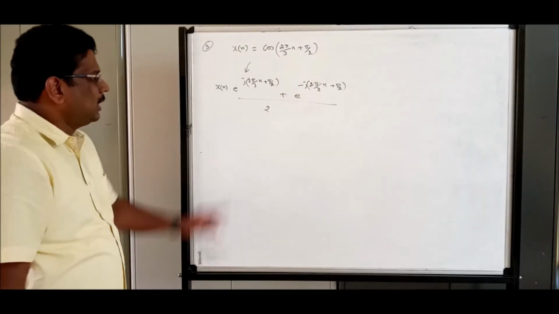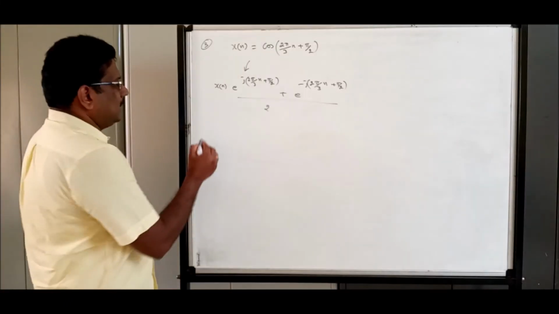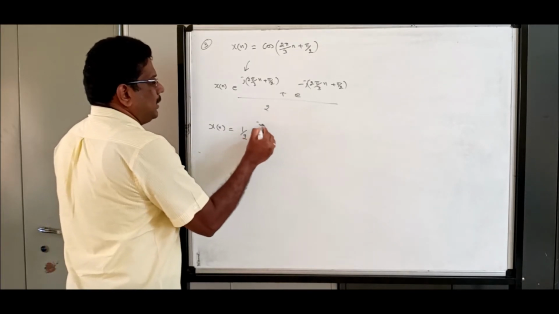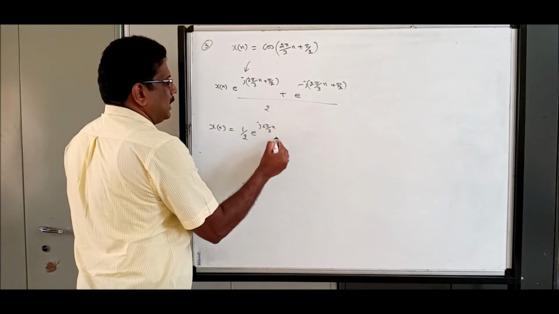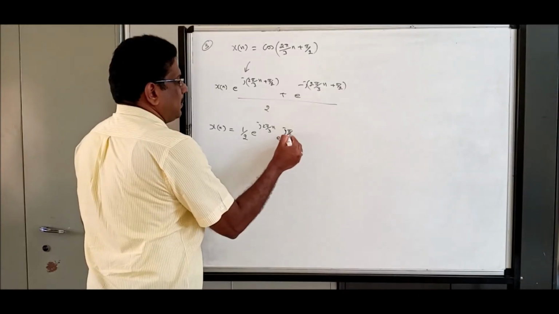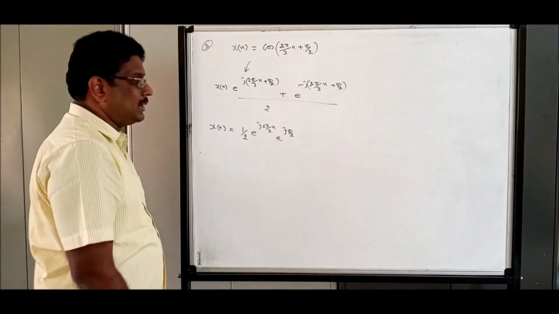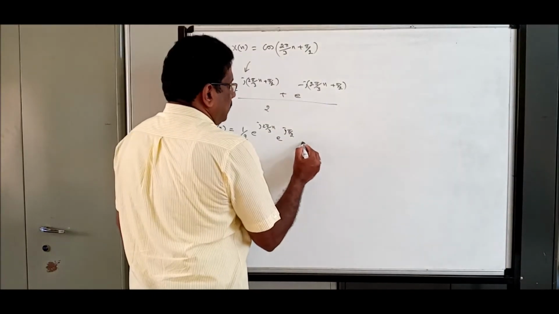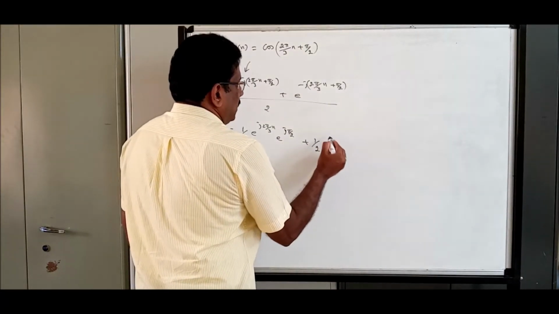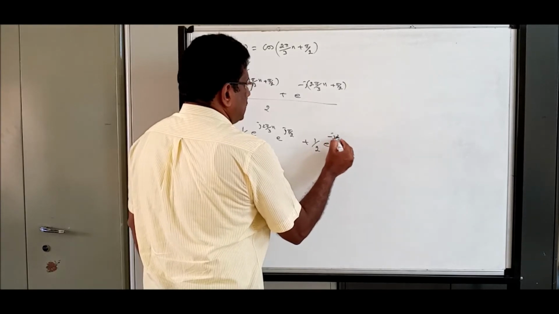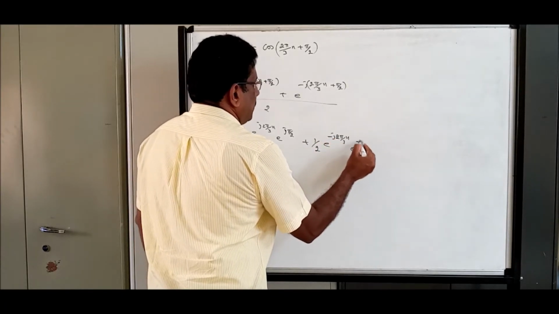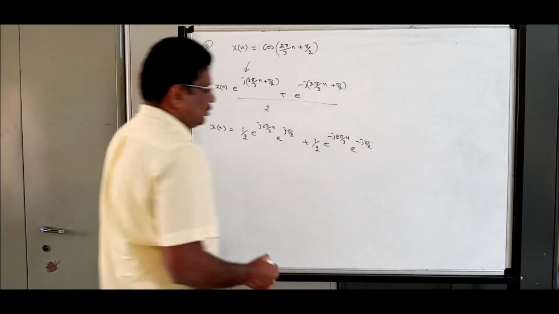If you want, you can even break this: x of n is equal to 1 by 2 e power j 2 pi by 3 n into e power j pi by 2. There is no n term there, please remember. Plus 1 by 2 e power minus j 2 pi by 3 n into e power minus j pi by 2.